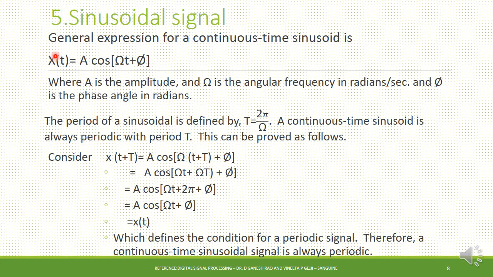This is equal to x of t. So x of t plus T is also equal to x of t, which defines the condition of a periodic signal. Therefore, a continuous time sinusoidal signal is always periodic.